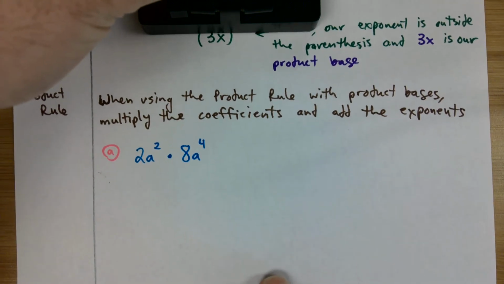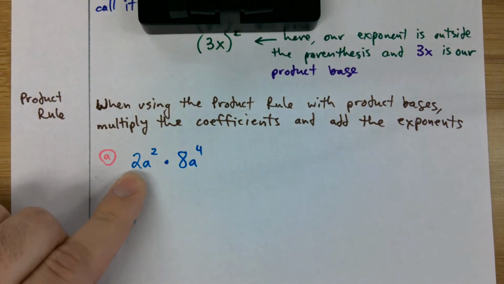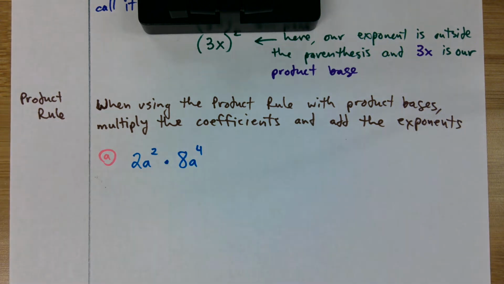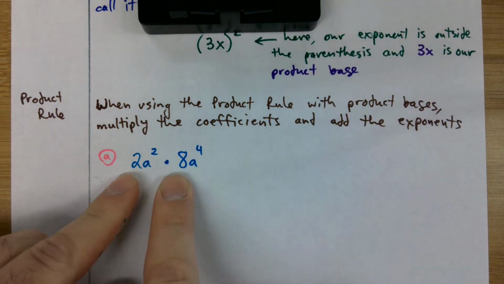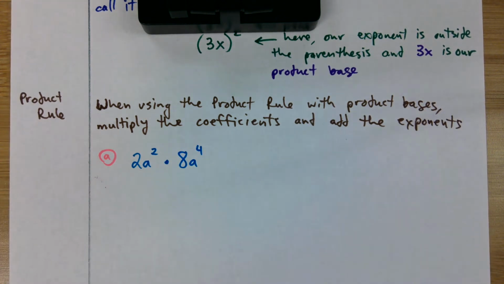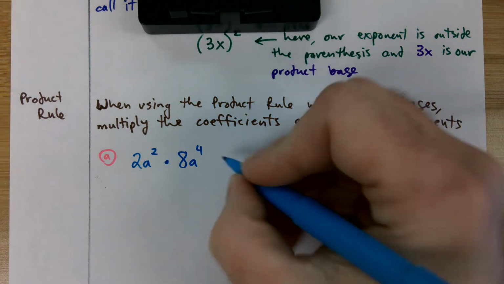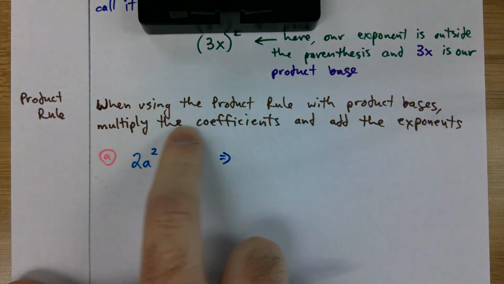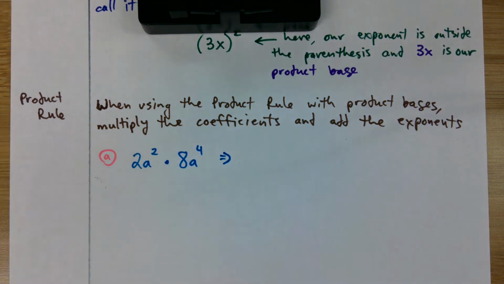So here we've got 2a squared and 8a to the 4th. It's okay that our coefficients are different because our variables are the same. So all we're going to do is multiply our coefficients.